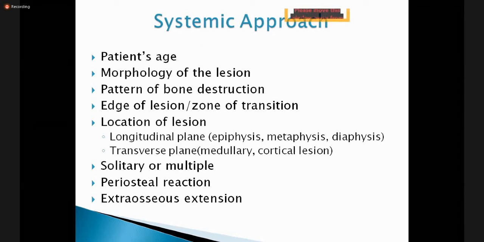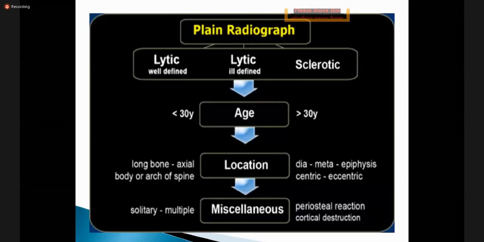Then the periosteal reaction. Whenever there is an erosion or destruction of the cortex, a periosteal reaction occurs, and then there is extraosseous extension, meaning soft tissue involvement. We have to assess all these things during the diagnosis of the tumor.